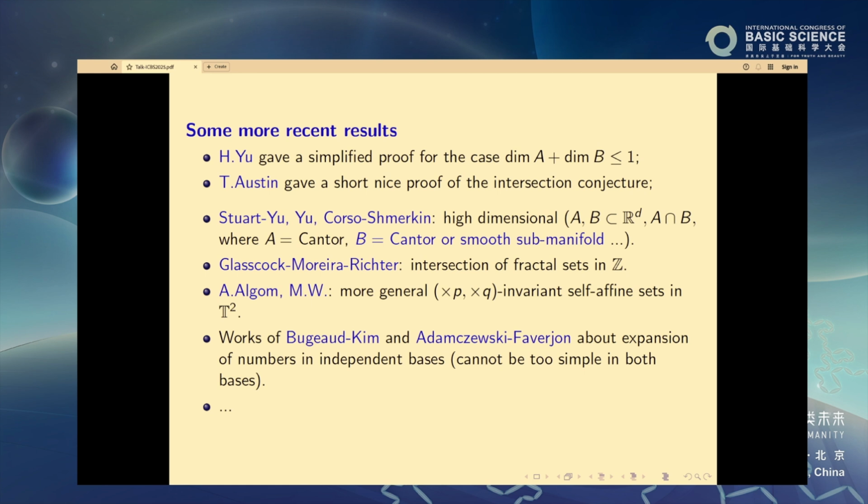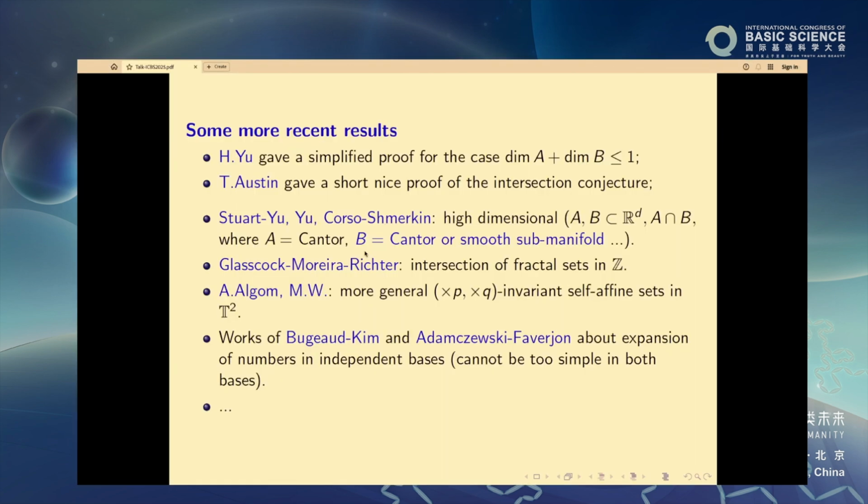And then there is also work about the orbit conjecture. As I said in the very beginning, we now know that outside the zero-dimensional sets, Fürstenberg's orbit conjecture holds.